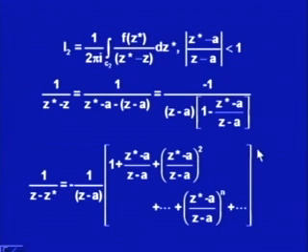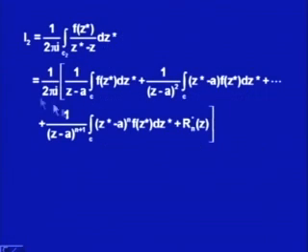Once we have done this, we can proceed in a similar manner: I multiply that expression by 1 upon 2 pi i and f(z*) and then integrate over the curve C2. If we proceed in this manner, we will have I2 equal to 1 upon 2 pi i, and 1 upon (z minus a) will be taken out, and we will have f(z*) dz* as the first term.